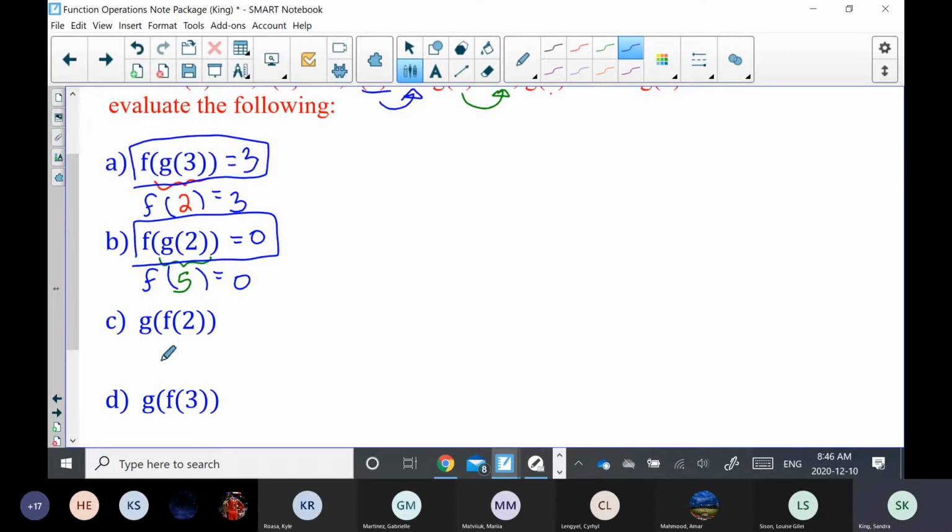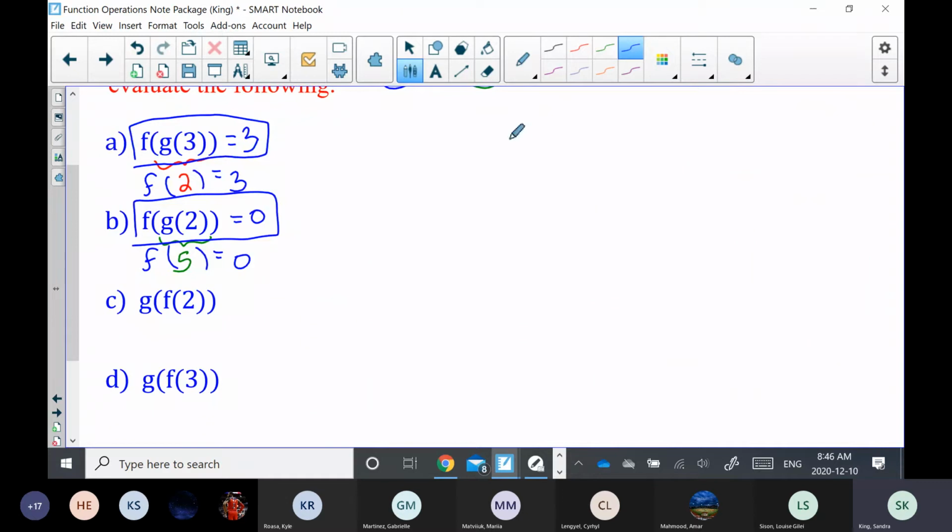Okay, if you guys could do the g of f of 2 for me and evaluate that. And the g of f of 3, please. Eugene, do you have the g of f of 2?